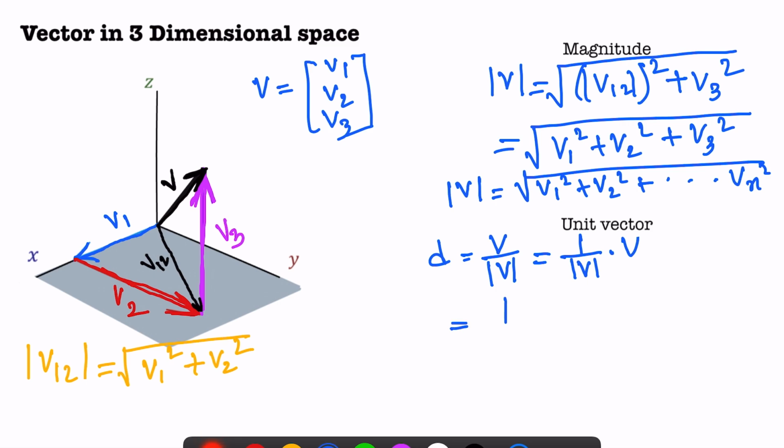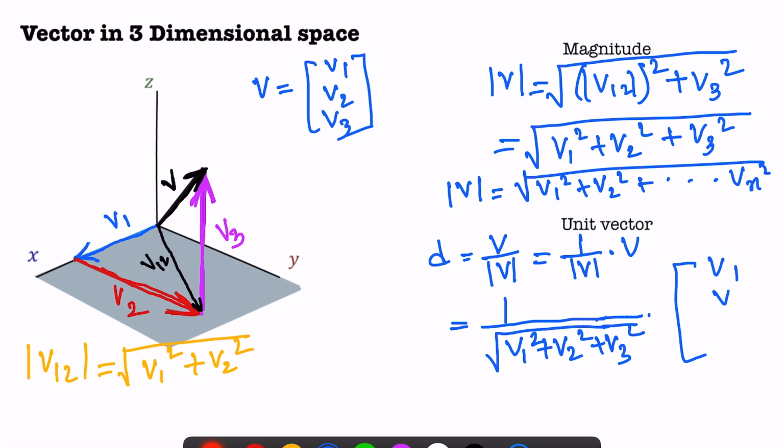The unit vector will be 1 over square root of v1 square plus v2 square plus v3 square multiplied by v1, v2, v3, this vector. So if we try to verify, we'll find out that the length of this vector will be 1. So this is a unit vector.